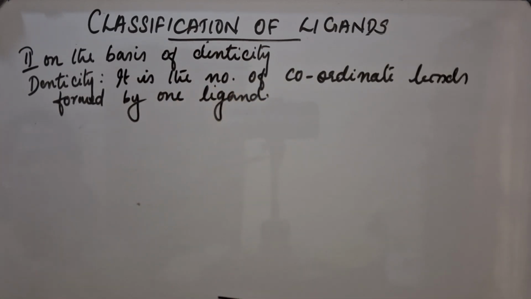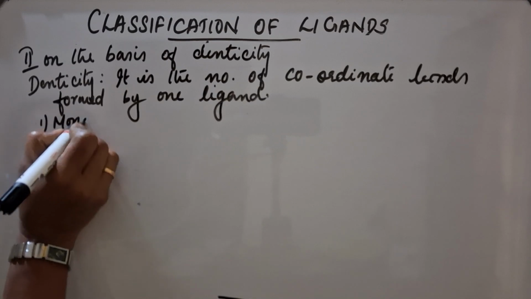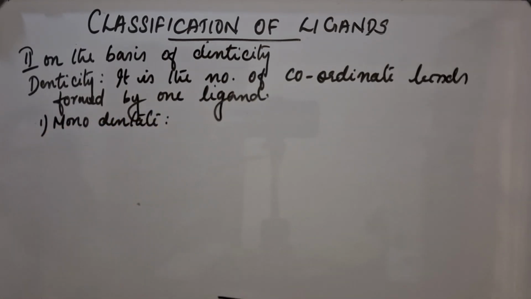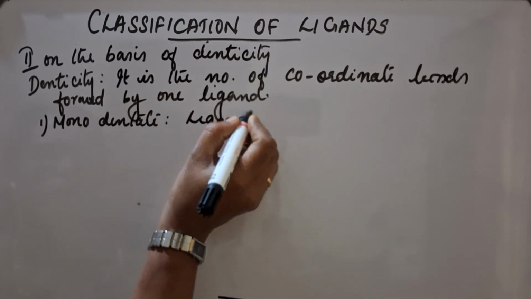The first one is monodentate ligands. Monodentate means ligands having a single donor atom.